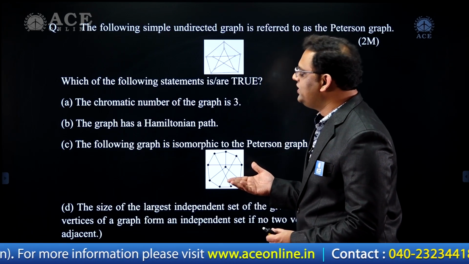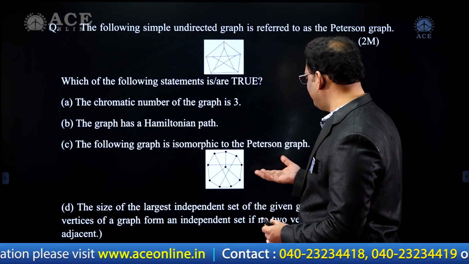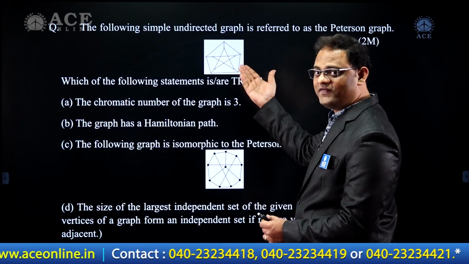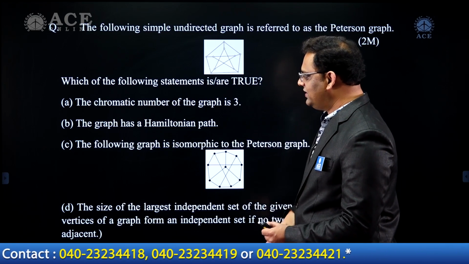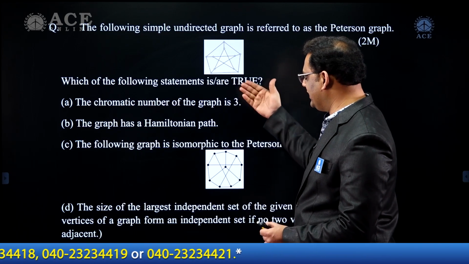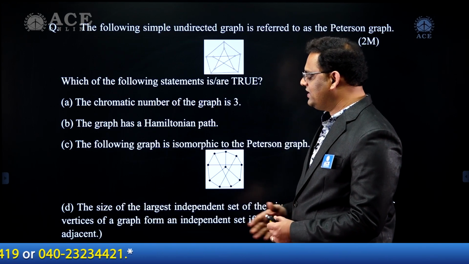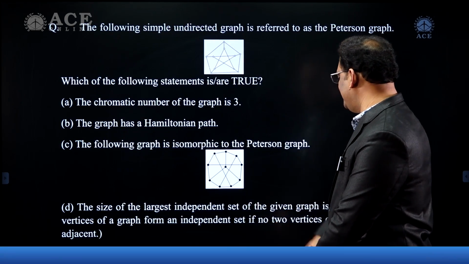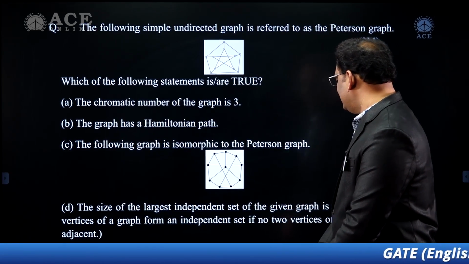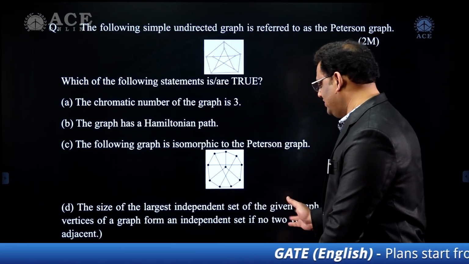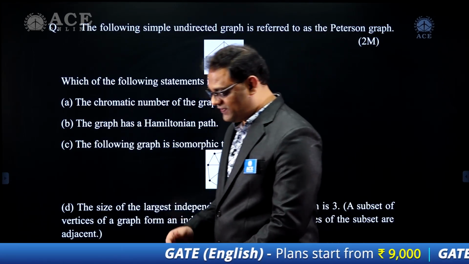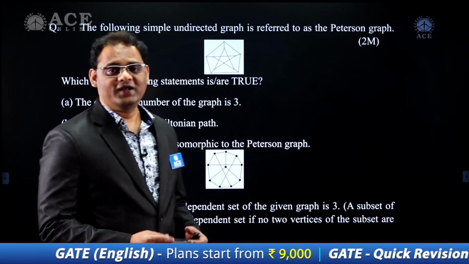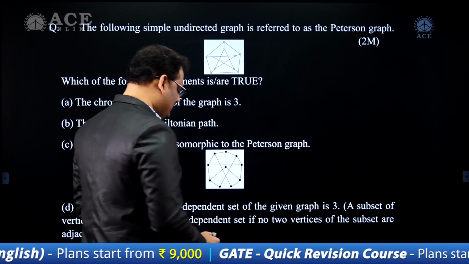And the third statement is that this Petersen's graph is isomorphic to this. Yeah, both graphs are isomorphic. And the last statement is that the size of the largest independent set for the given graph is 3. So they are the different statements we have. Let us analyze one by one, my dear.